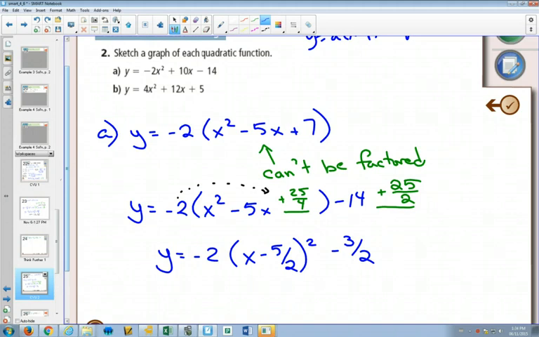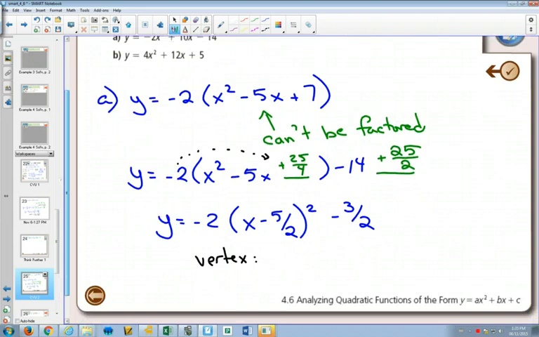And now I know what my vertex is. My vertex is at positive 5 over 2, comma, -3 over 2.